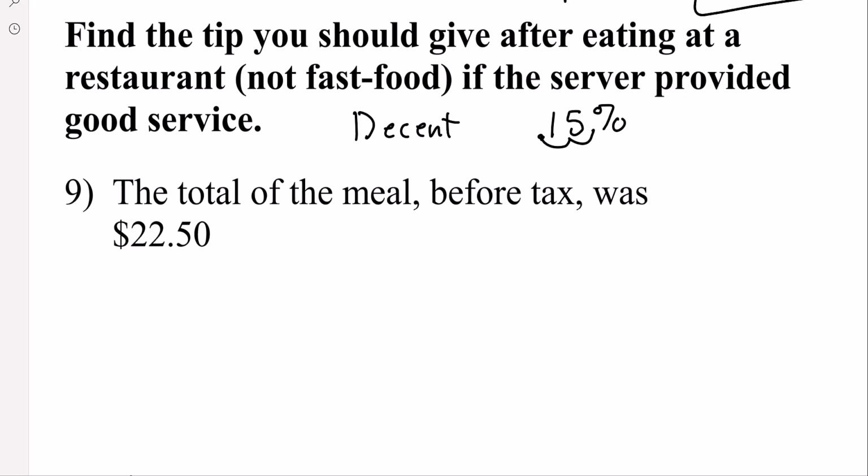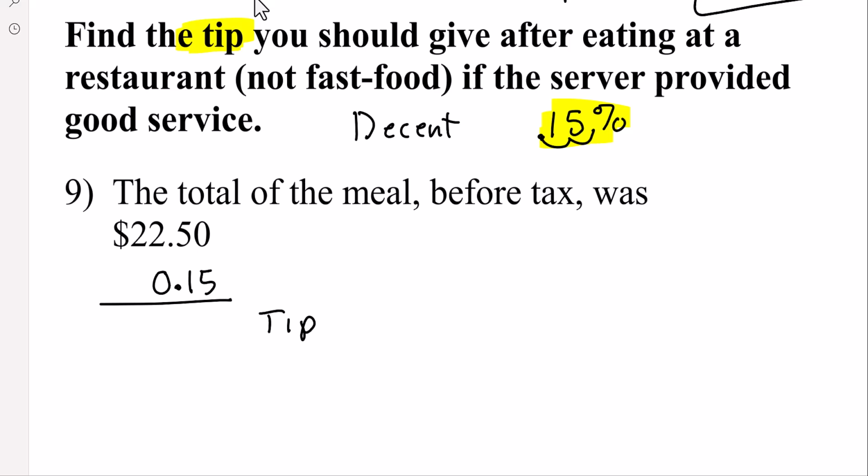So you want to know, not the total you're going to pay, you just want to know, how much tip do I leave? Well, if you decide you're tipping 15%, then you just multiply by 0.15, and that will tell you how much the tip is.